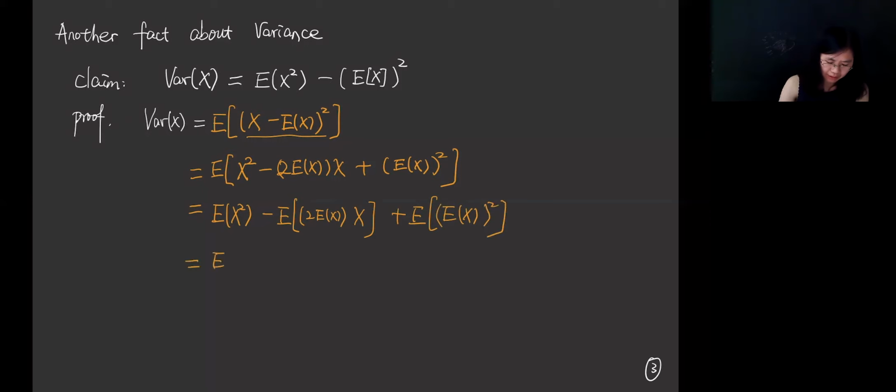So E of x squared is just itself, but noting that 2 times E of x is a constant, it's non-random, because we have already taken the expectation, taking the average over all the possible values of x. So expectation is non-random, it is a constant. Therefore, this 2 times expectation is a constant. By the linearity of expectation, it can come out.